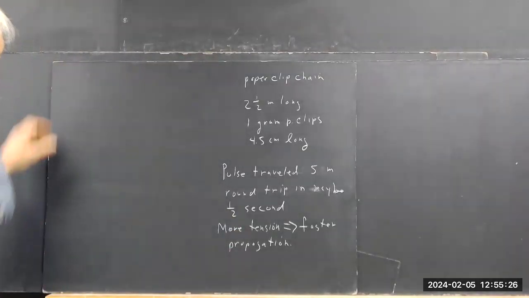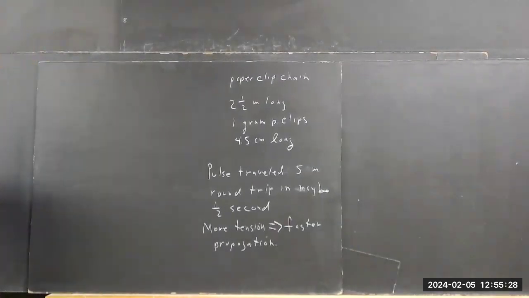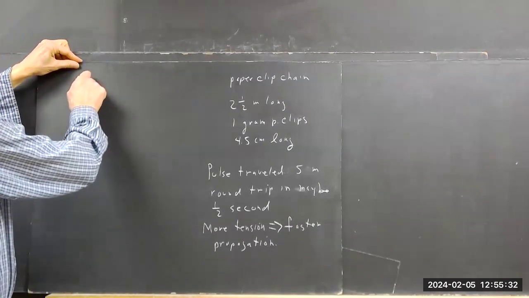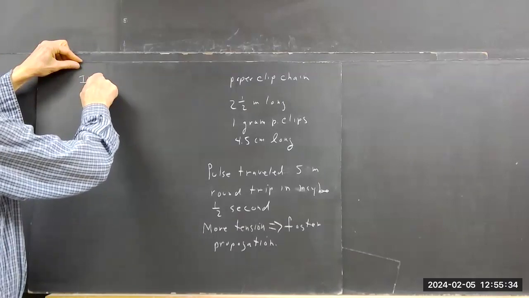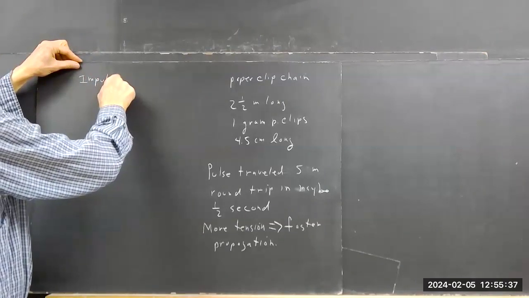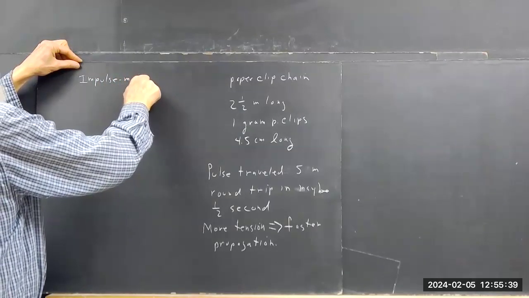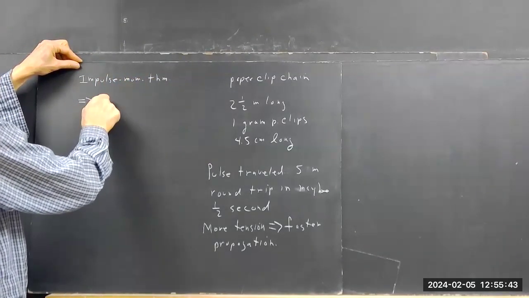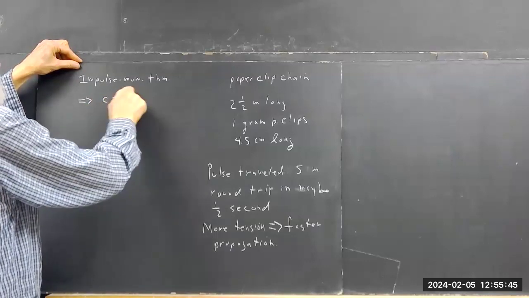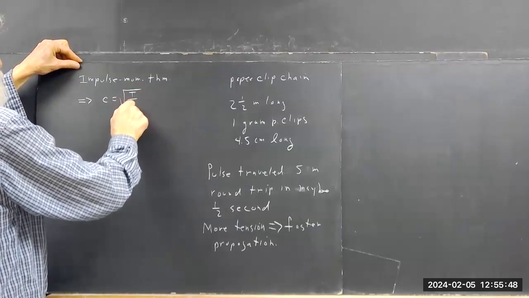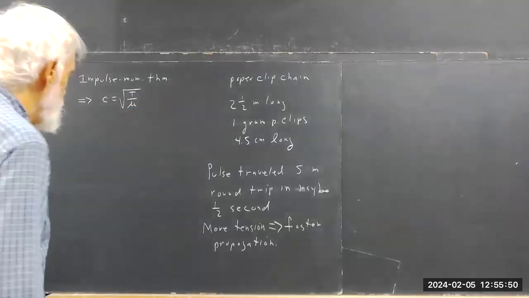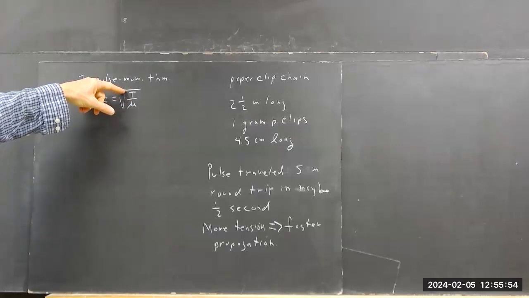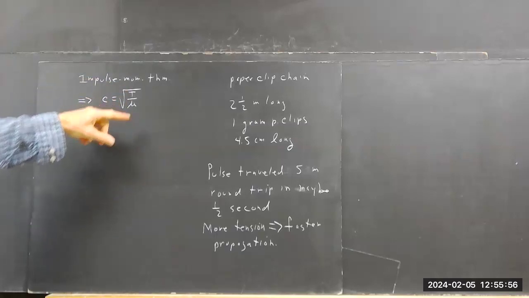What we are going to do is say that the impulse momentum theorem implies that c, the speed of propagation, is the square root of tension over the mass per unit length.